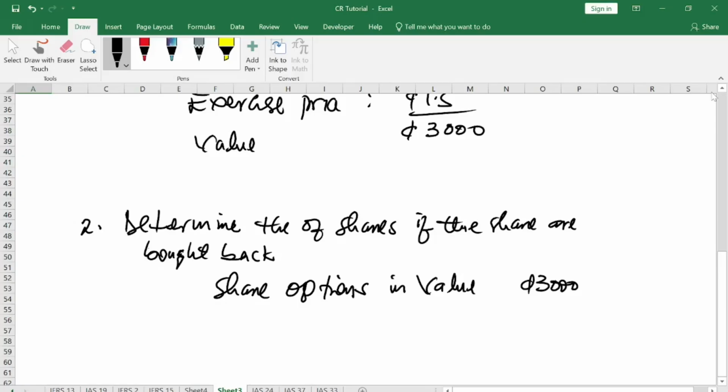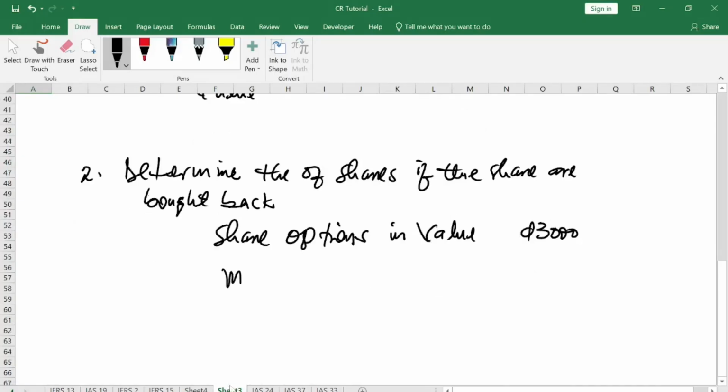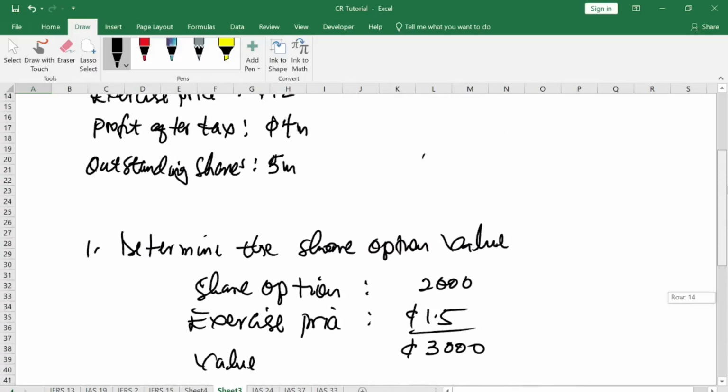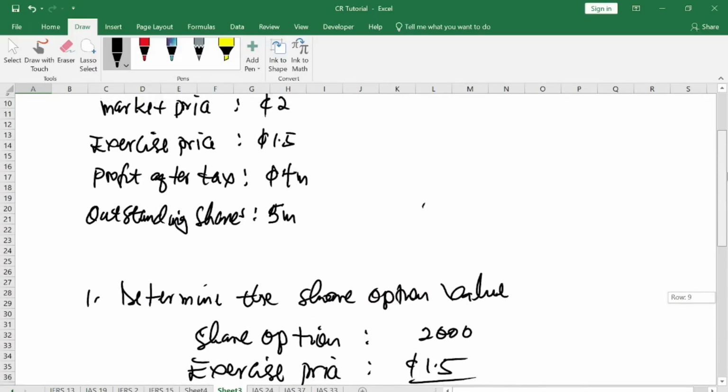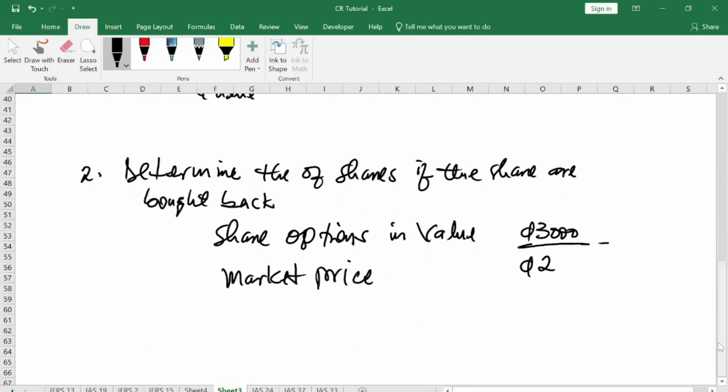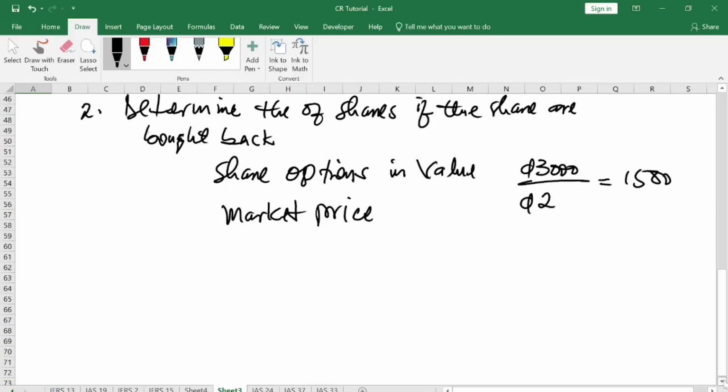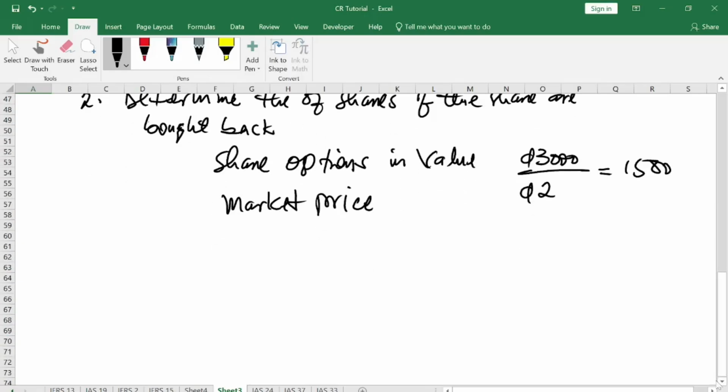Then you divide it by the market price. The market price in the question is 2 cedis. That gives you 1,500.